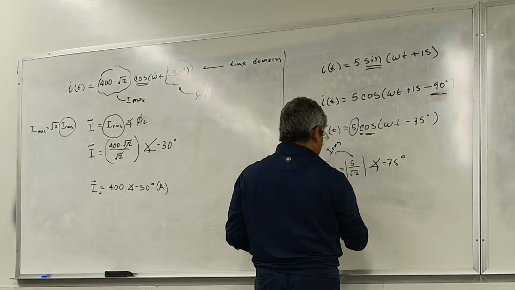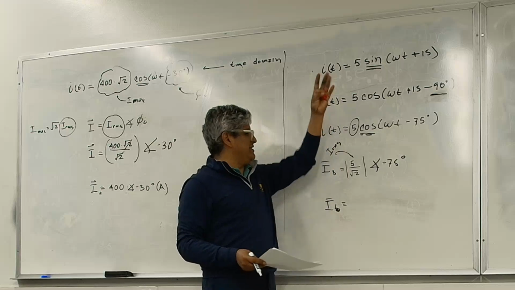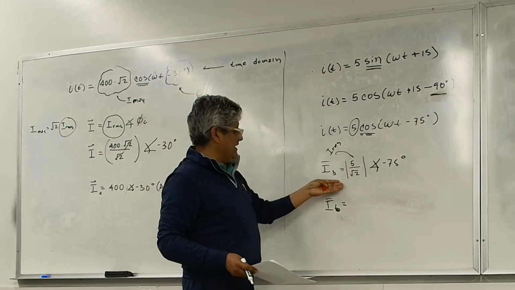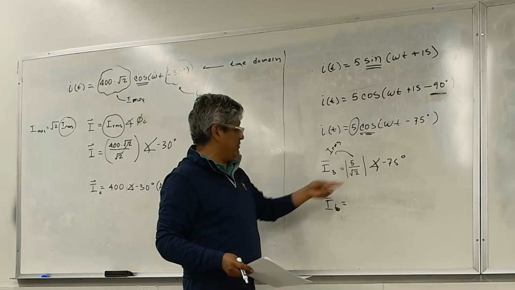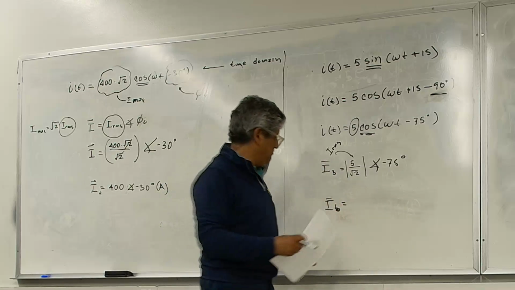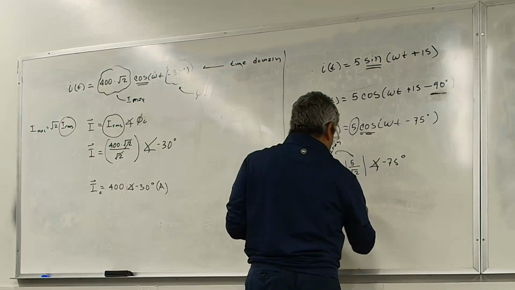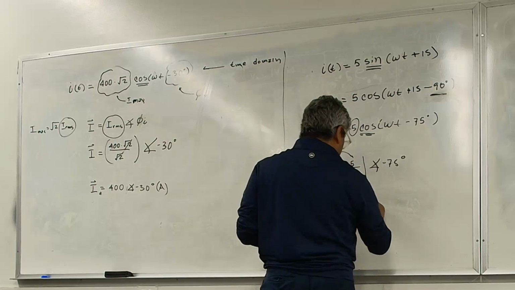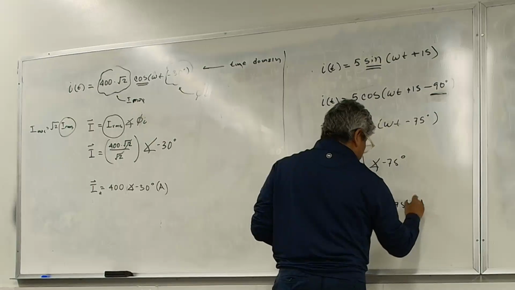If I was going to give you a signal like this, and you give me this answer, 5 divided by square root of 2, that's great. There's nothing wrong with that. But if you want to make it more simple, just do the math. 5.53 angle minus 75 degrees, and this is in amps, right?